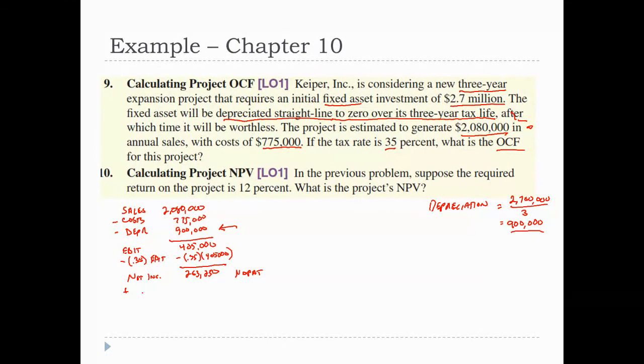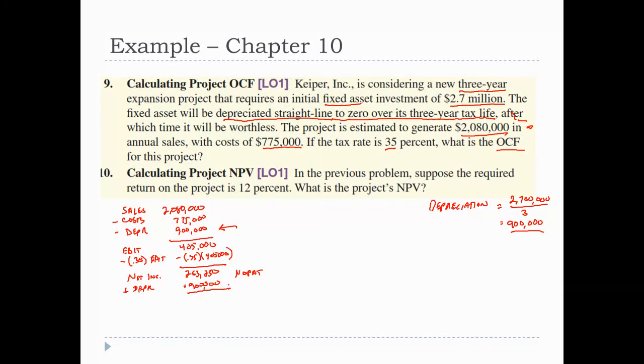the true project cash flow is going to consist of that net income plus the depreciation charge, adding back the $900,000 worth of depreciation. Why are we adding it back? Because we never really spent it. It was treated as an expenditure here, but it wasn't money we actually spent.